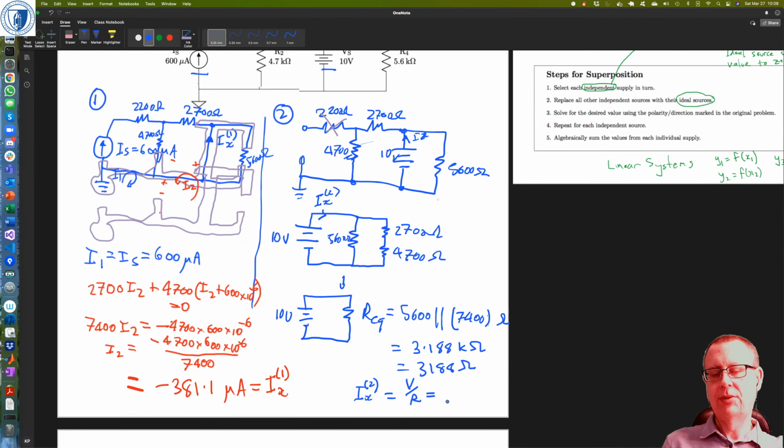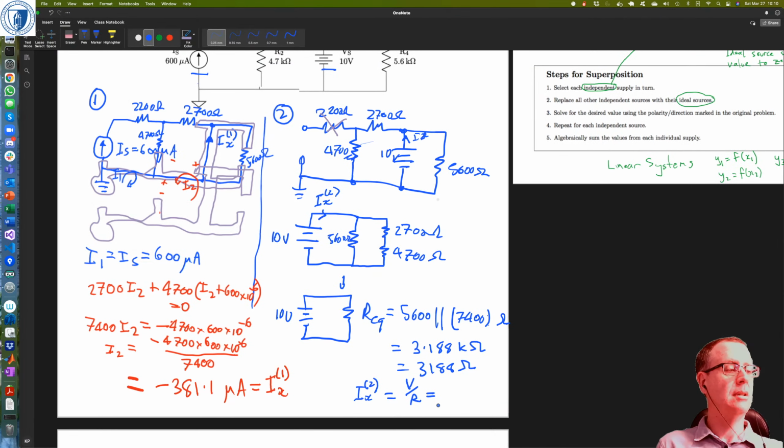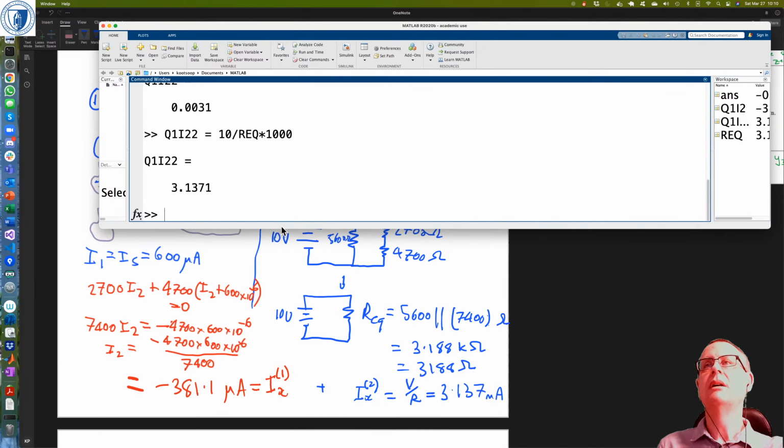So that was, I didn't read it before, 3.137. Right, so that's 3.137 milliamps. So then my total is going to be the addition of those two numbers, right?